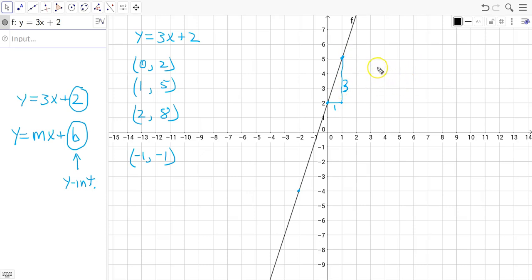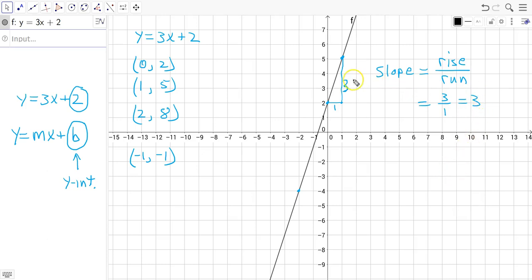So the slope equals the rise over the run. And in this case, it is equal to 3 over 1, or just 3.